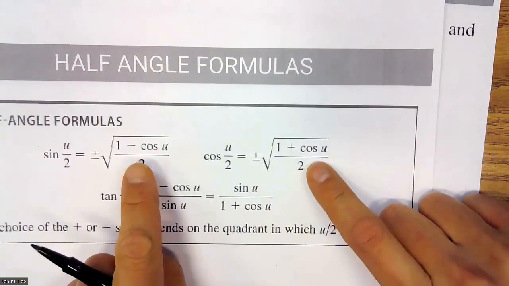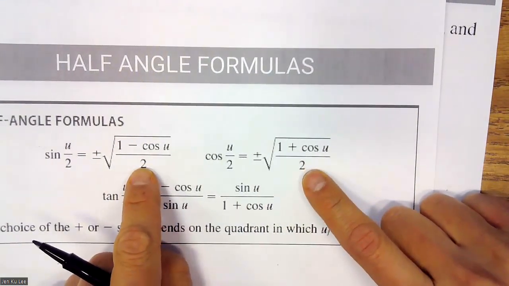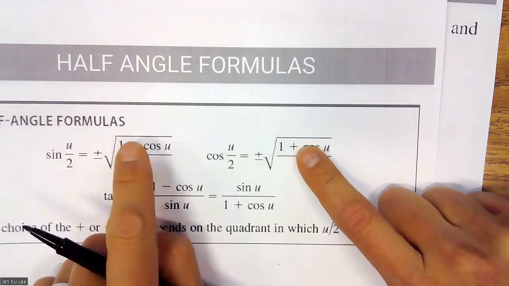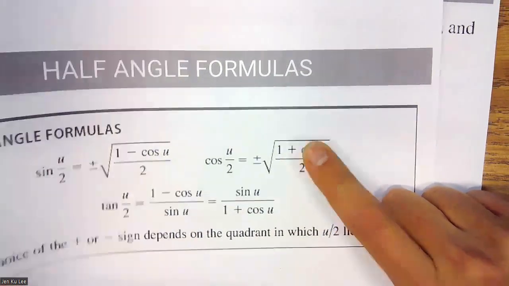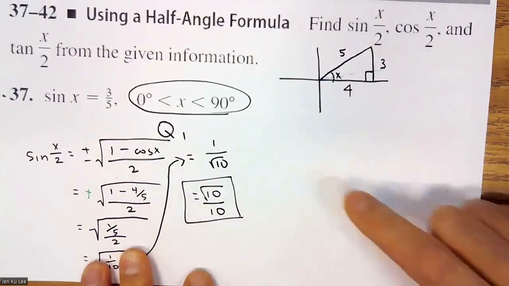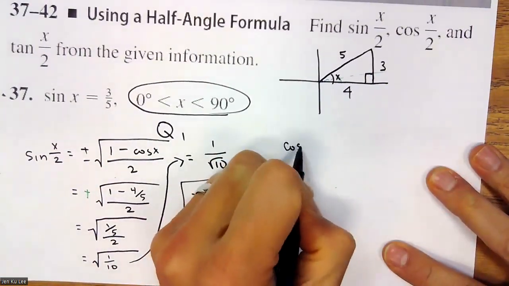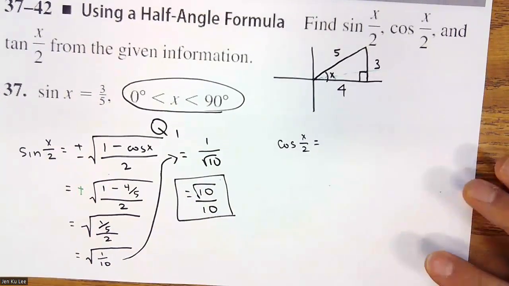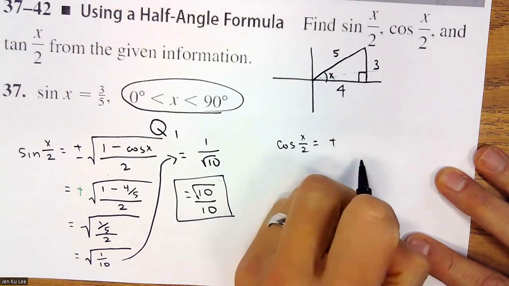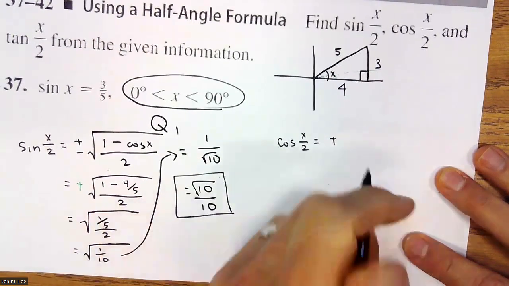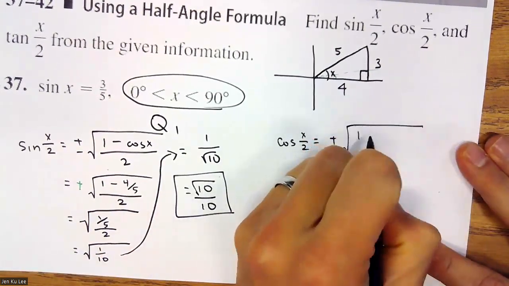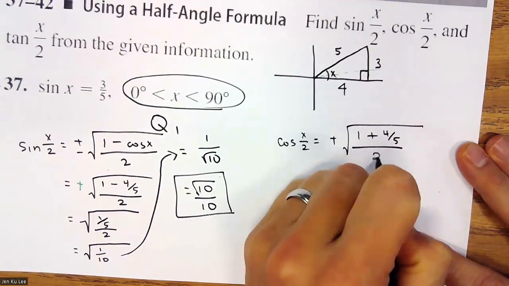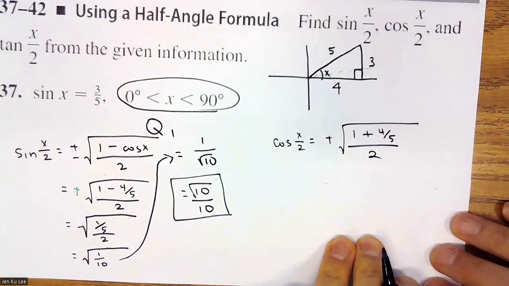And looking at these two half angle formulas, the only difference between sine and cosine is that plus or the minus, right? So I'm not gonna rewrite all of this. I'm just gonna say that the cosine half angle formula is just gonna be plus, because I already know it's a plus, square root of 1 plus 4/5 over 2, right?